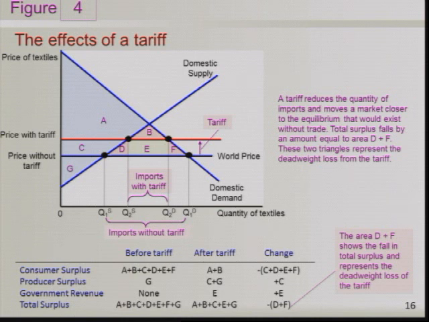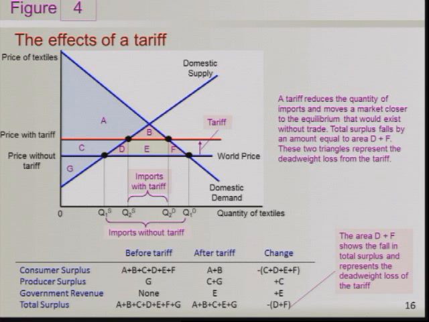Now when we add the tariff, it's going to shift the price up to that red tariff line by the size of the tariff. So it could be $1, $2, or $3, whatever the size of the tariff is, it's going to shift it up. Again, we're still using the definitions of consumer surplus, the area below demand and above price.